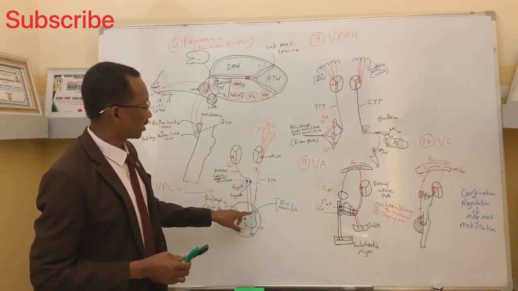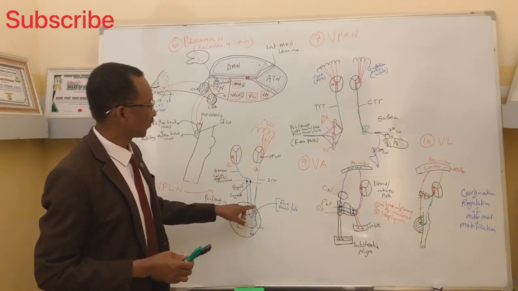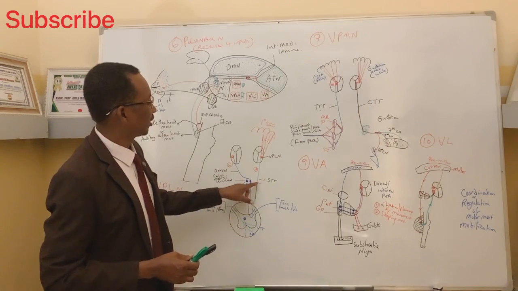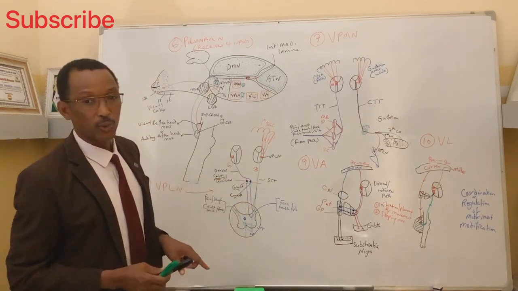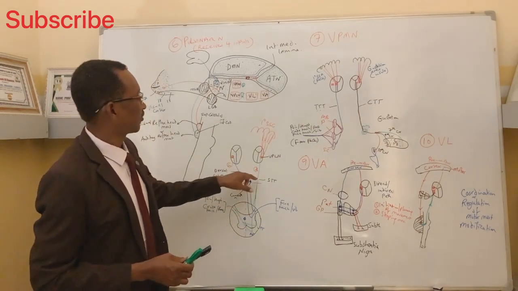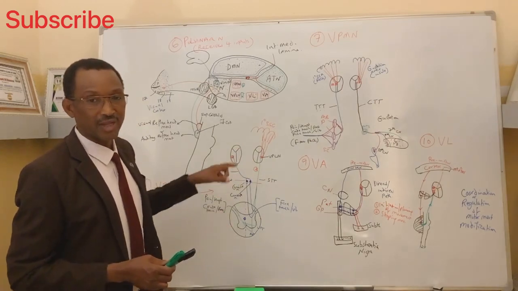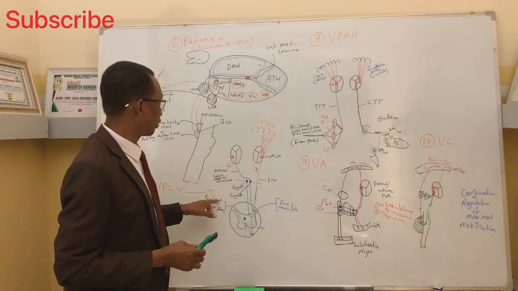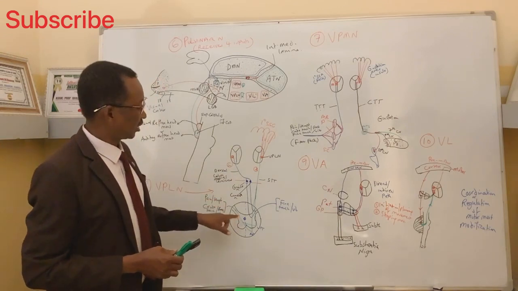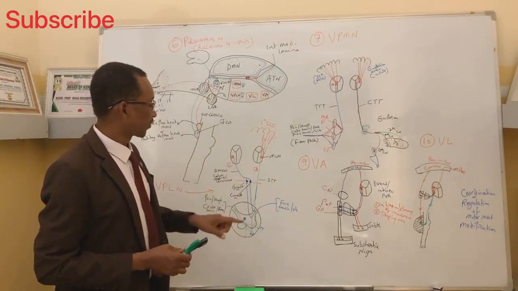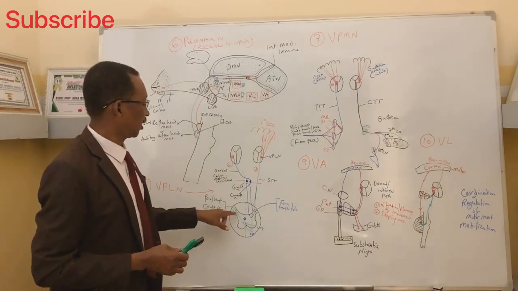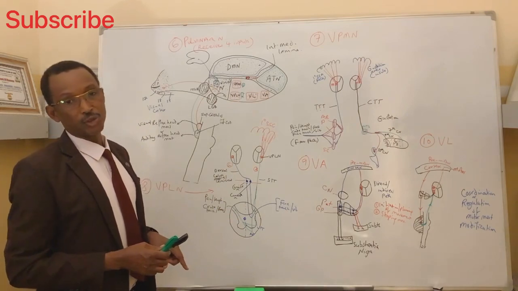The two tracts, that is both anterior and lateral spinothalamic tract, unite together to form the spinothalamic tract, which finally continues as the spinal lemniscus. So the pain and temperature sensation is being carried by the lateral spinothalamic tract, while crude touch and pressure is being carried by the anterior spinothalamic tract.